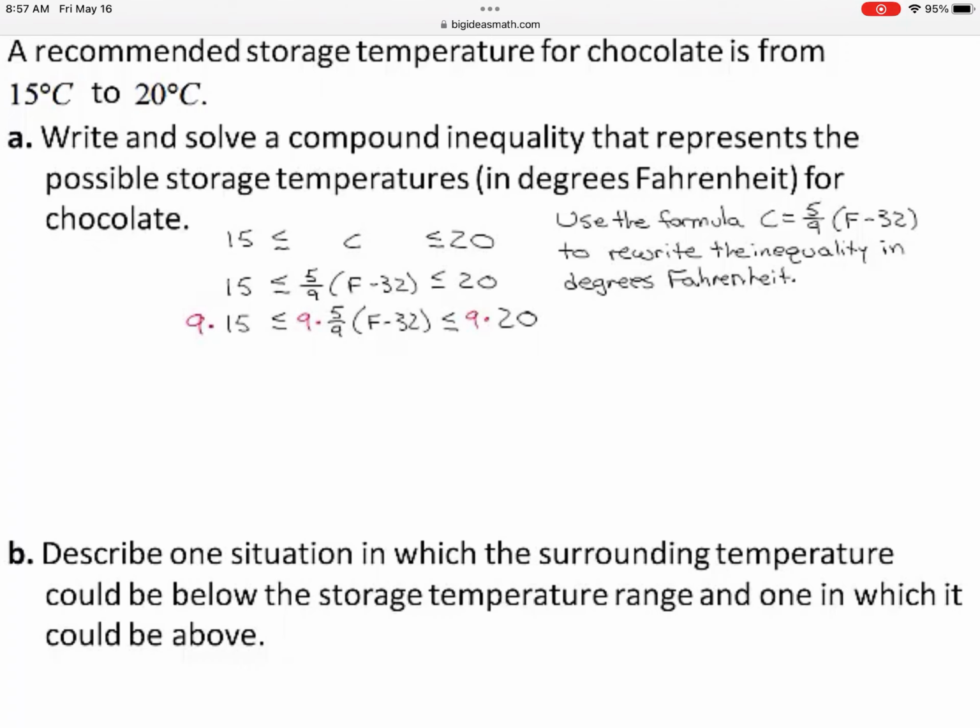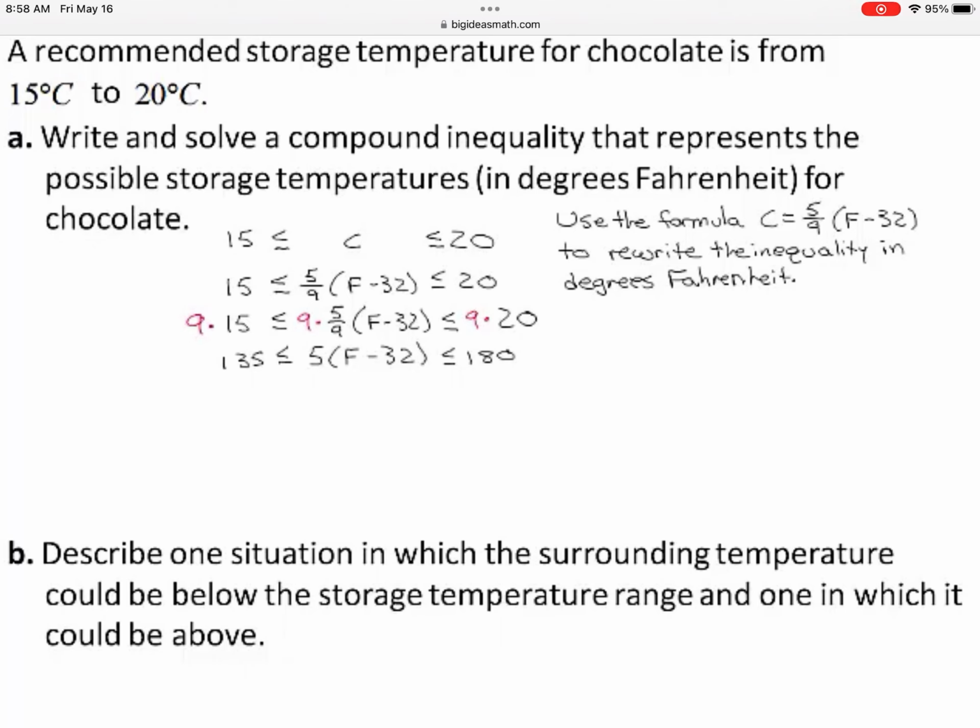9 times 15 ≤ 9 times 5/9(F - 32) ≤ 9 times 20. Because 9 times 15 is 135, 9 times 5/9 is 5, and 9 times 20 is 180, 135 ≤ 5(F - 32) ≤ 180.